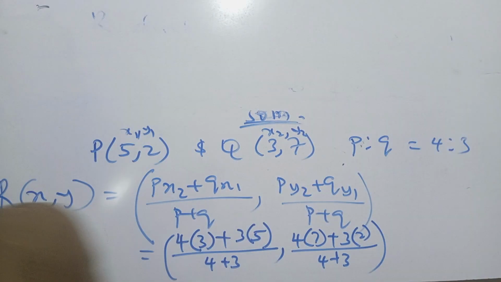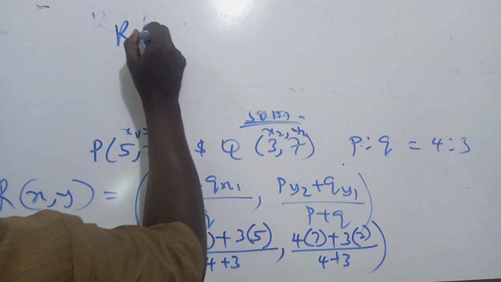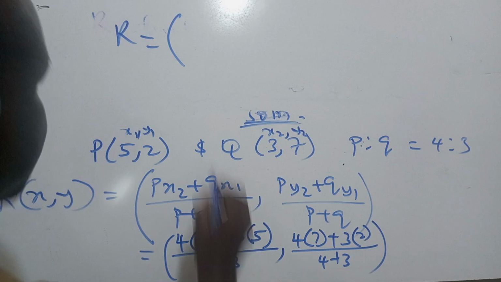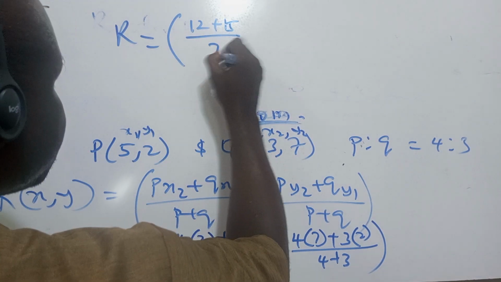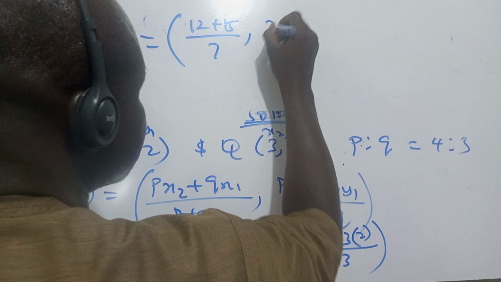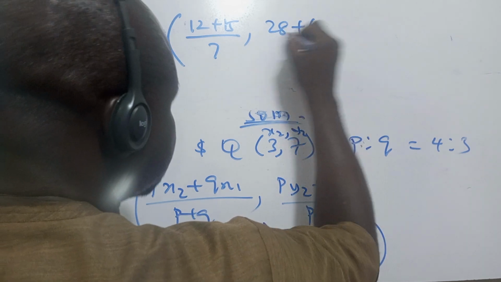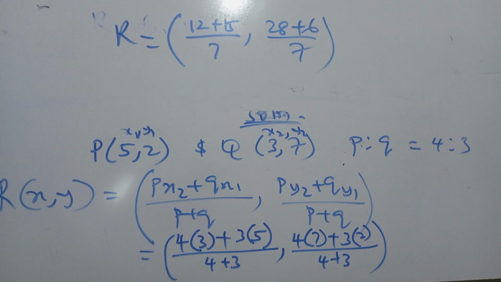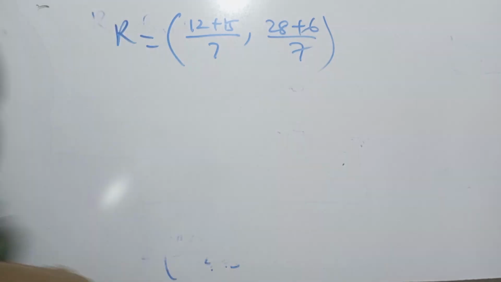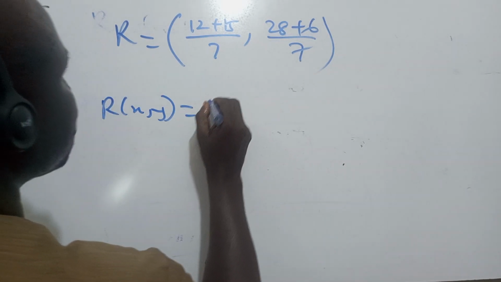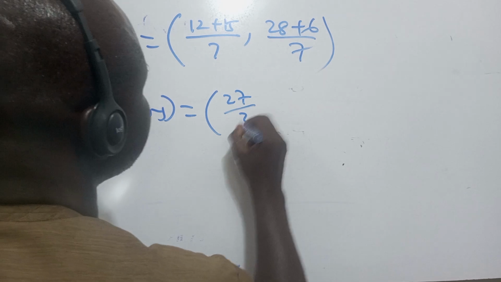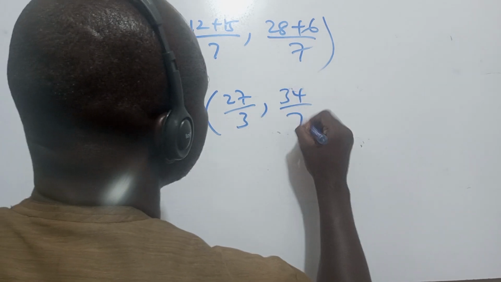At the end of the day, the coordinate of R will be 4 times 3 is 12 plus 3 times 5, 15, all over 7, comma, 4 times 7 is 28 plus 3 times 2, 6, all over 7. Then we get the coordinate of R, x comma y, as 27 over 7, comma, 34 over 7.